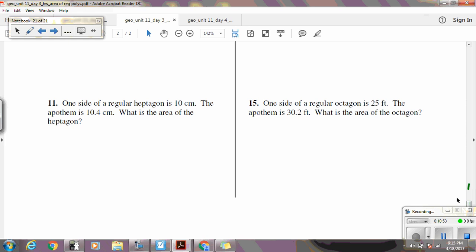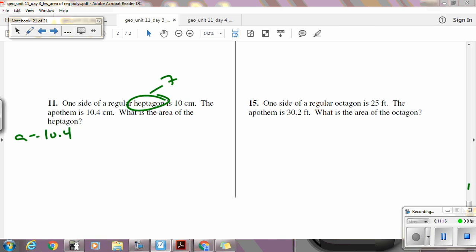And 11 and 15. One side of a regular heptagon is 10 centimeters. The apothem is 10.4. What is the area? A heptagon has 7 sides. So again, the apothem is 10.4. Find the perimeter, take 10 times 7 and get 70.